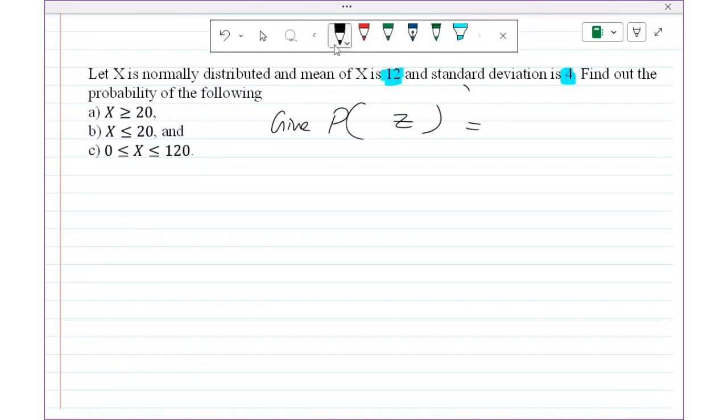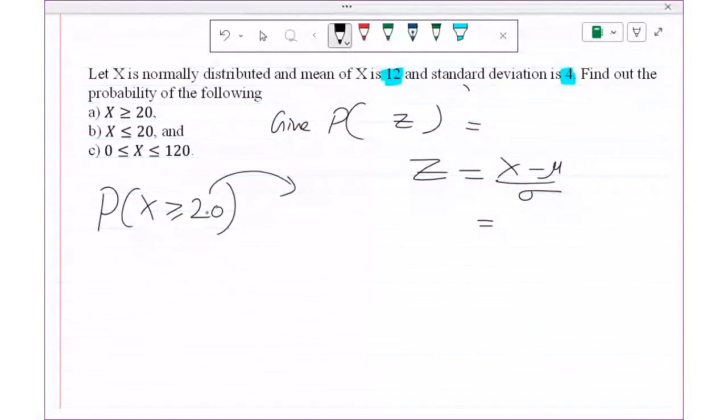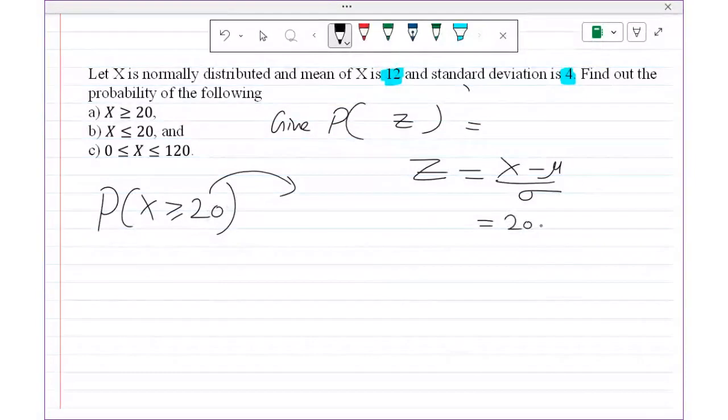First you have to find the probability that X is greater than or equal to 20. So what will you do? First you will convert this 20 in terms of Z. What is the conversion formula? X minus mu divided by sigma. So 20 minus mu, which is 12, divided by sigma, which is 4.